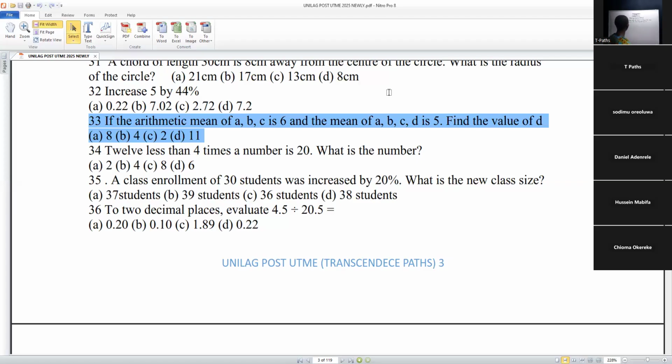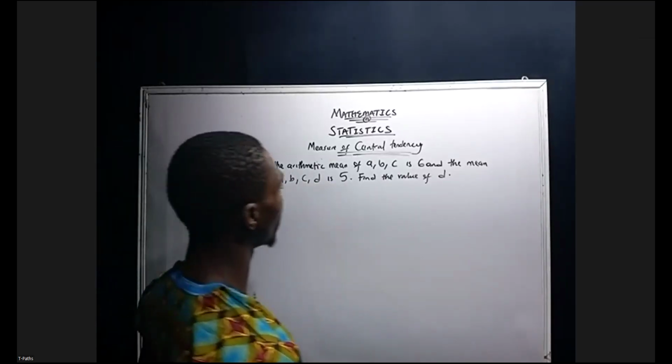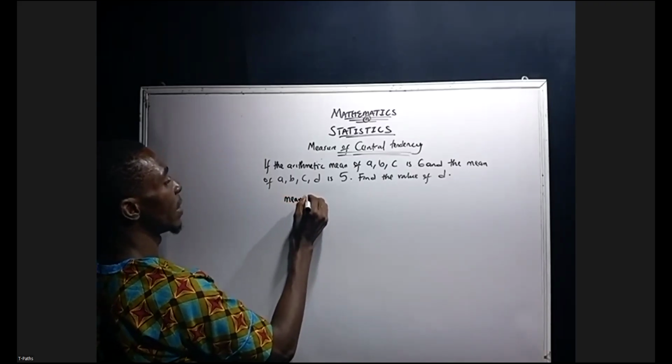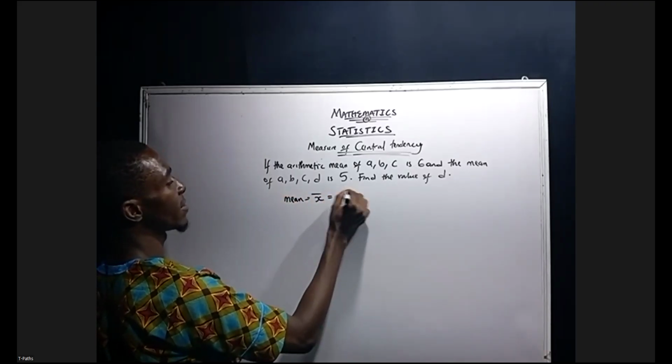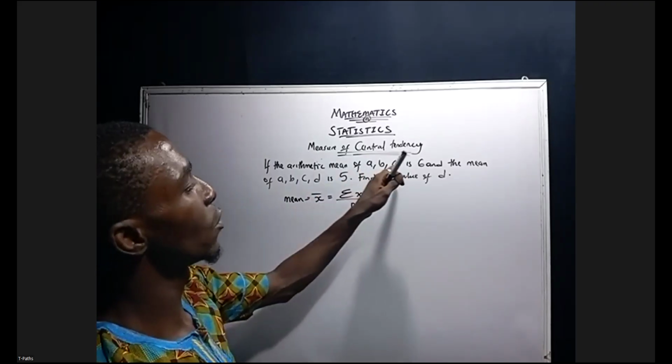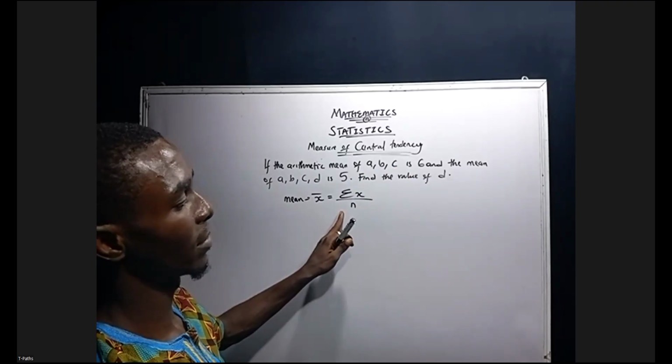Now, it says that if the arithmetic mean of A, B, C is 6, first, let's go back to the definition of mean. The word mean equals x bar equals summation of x over n. Because we don't have frequency here, I go with this one.